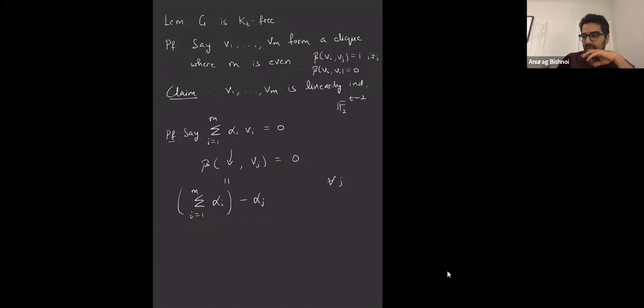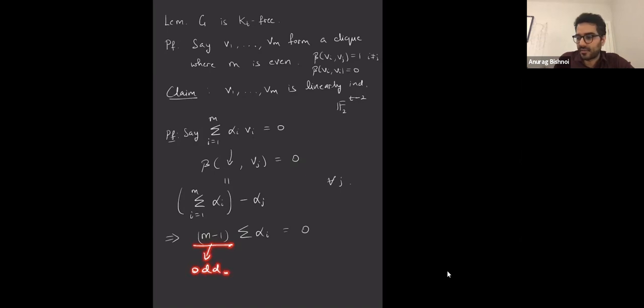Now what do we do? Just sum up all of these equations, right? We have these different j's from 1 up to m. Just sum all these equations up, and then you get the following. m minus 1 multiplied by the sum of alpha i is equal to 0. And now comes the observation that we chose m such that m was even. So m minus 1 is odd, right?